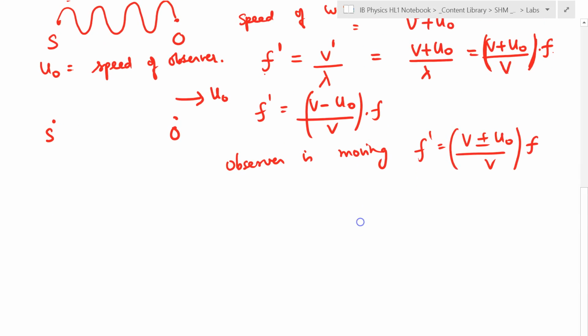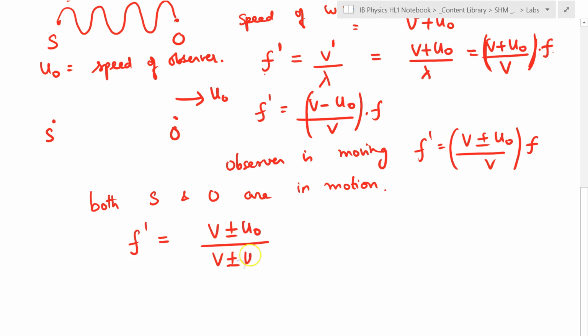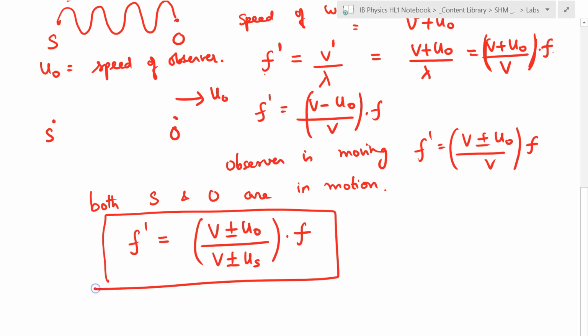What if we have a situation where both source and observer are moving? We just have to combine the two equations and simplify them into one, which means your F prime will simply be (V plus or minus U0) over (V plus or minus US) times F. And an easy way to apply these two equations is to remember that if this is your source and this is your observer, and the observer is moving towards the source or the source is moving towards the observer, then the frequency becomes greater.